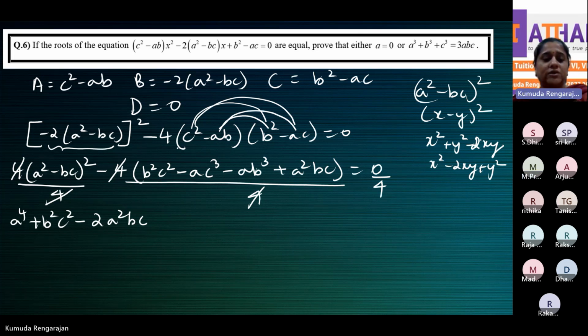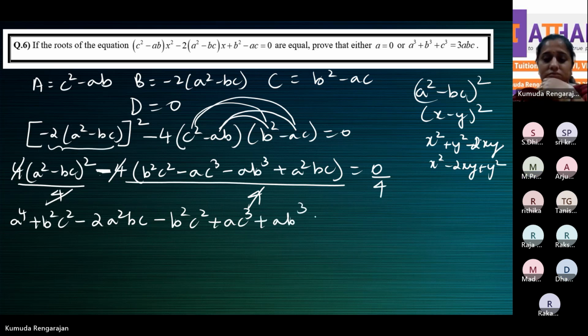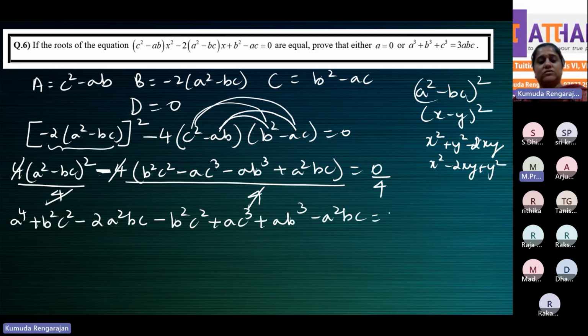Now see, children, this minus sign has to be applied with every term inside the bracket. So apply it. Minus B square C square, plus AC cube, plus AB cube, minus A square BC is equal to 0. Now, like terms, tell me if something can be simplified.